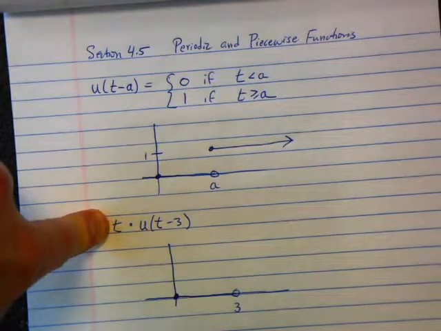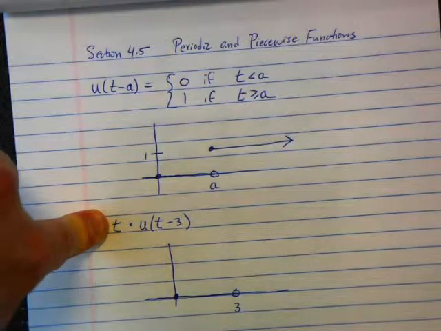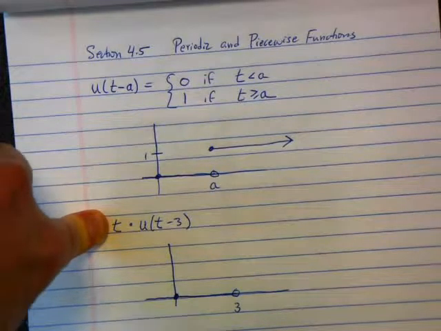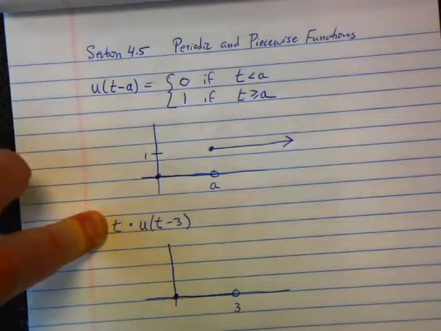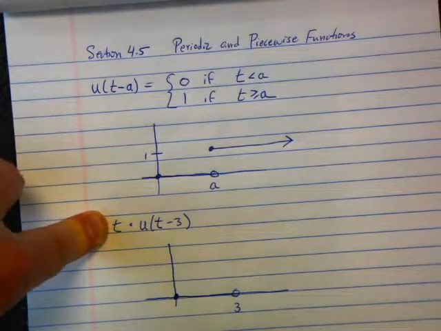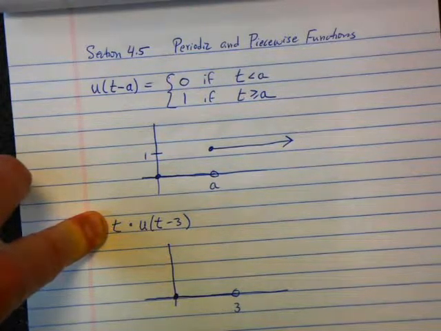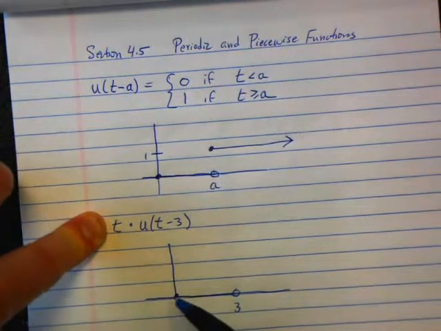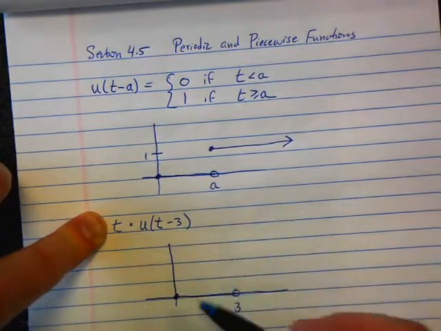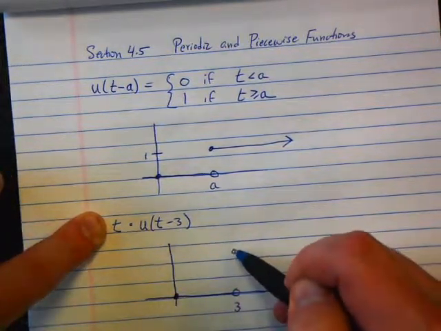What can you tell me about the graph of the function t? It's just a line. That's right. So what's its intercept? Its intercept is 0, which would be over here. And when I plug 3 in, it would be at a height of?